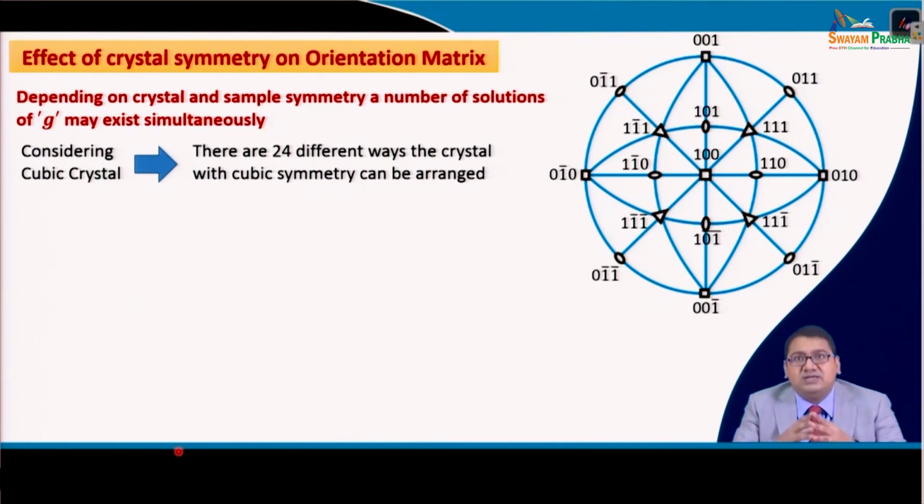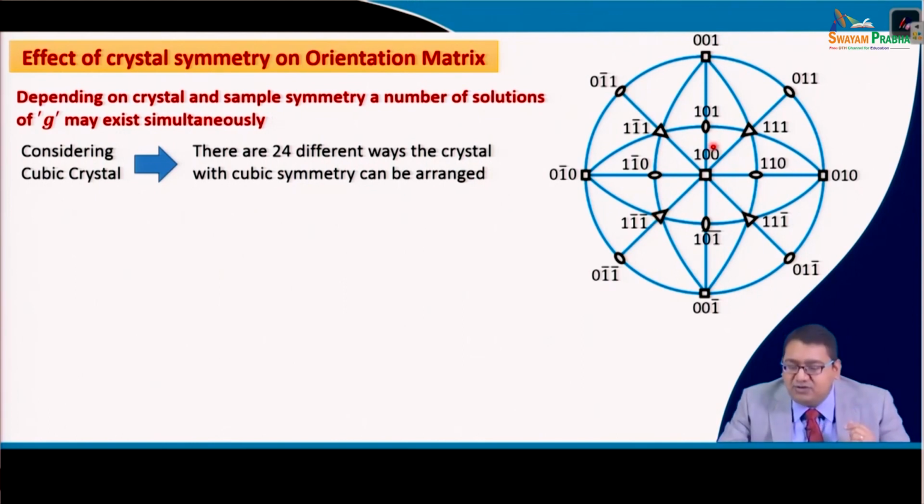If you look into the standard 100 stereographic projection, you see that it is divided into a number of triangles with corners 100, 011, 111, and there are a number of triangles having the same corners, such as 001 bar, 101 bar, 11 bar, 1 bar. Each of them consists of the family of poles for the families of planes 100, 110 and 111.